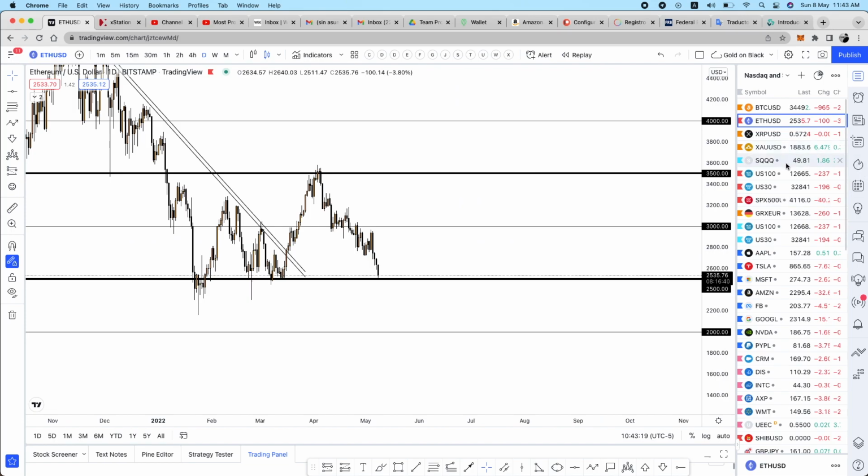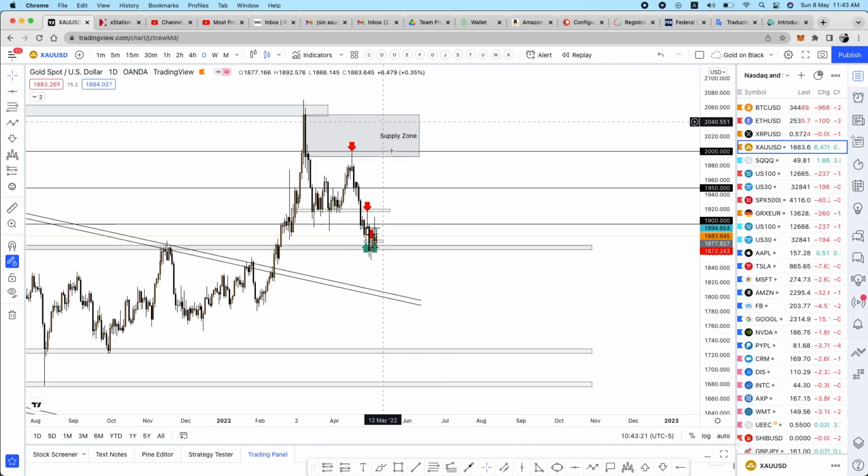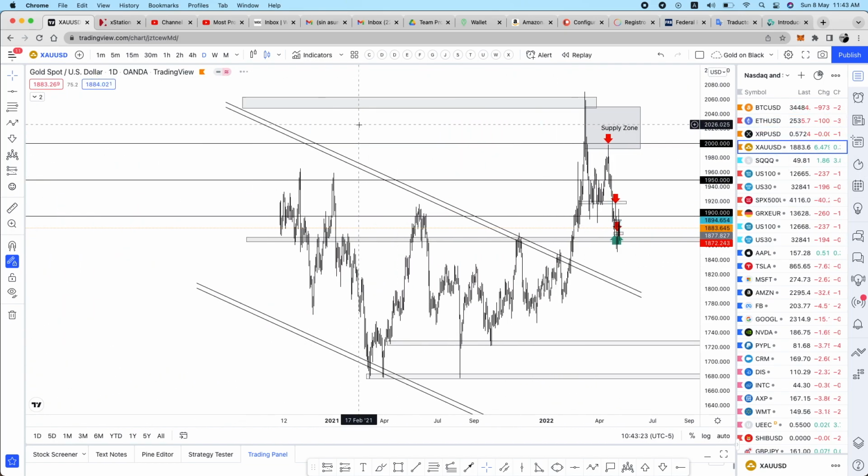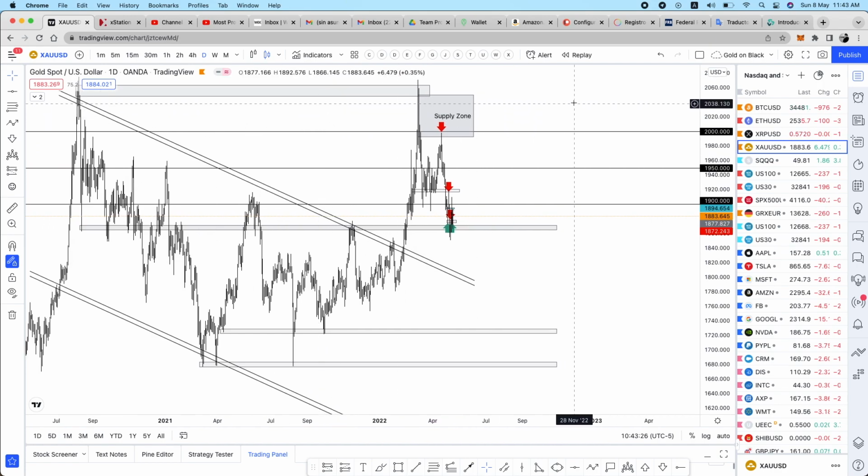Okay, let's go to gold. Gold could be something like that as well. So you got 2,000, maybe, because this one is a little bit different. So you got 1950 and then 1900, right? Every 50, I would say, is a nice level.